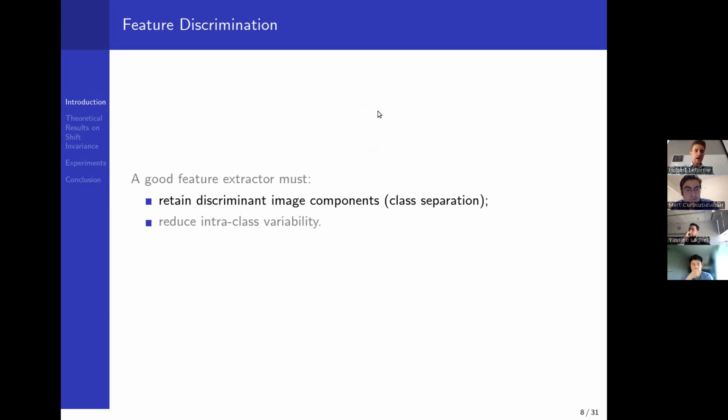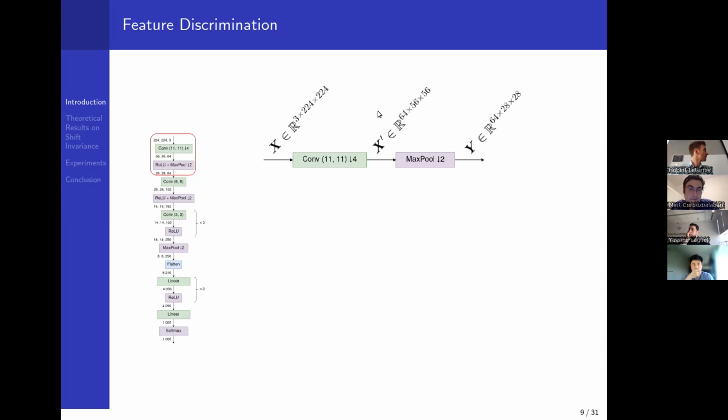So first, let's see how this operator performs feature discrimination. These are the two first layers of the CNN. Each input RGB image is decomposed through subsample convolutions with trainable kernels.